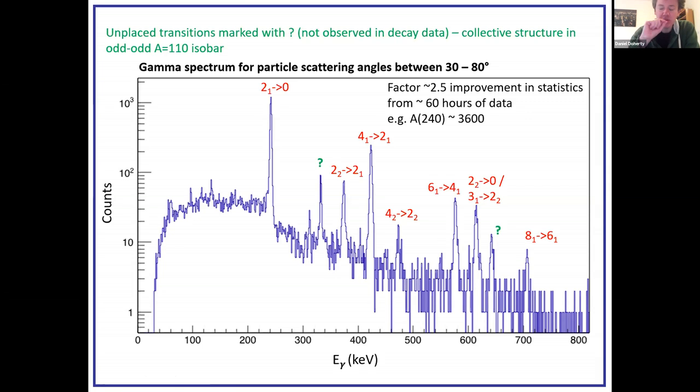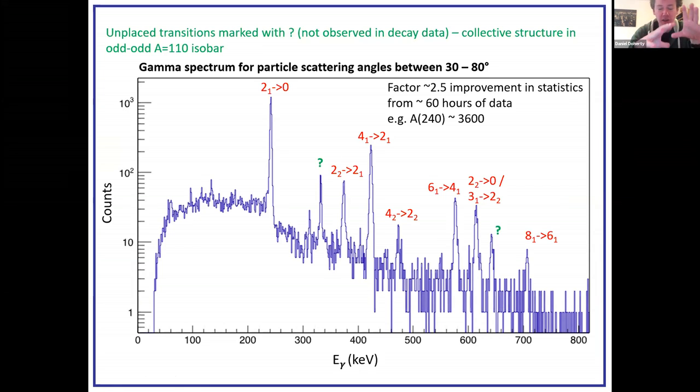Now, I mentioned with this EBIS source that this should give us access to backscattering data, where we don't have this coincidence between the left and right hemispheres due to the cleaner beam. But unfortunately, in this experiment that couldn't be done, because the backward windows of the PPAC detector were found to be contaminated with californium.